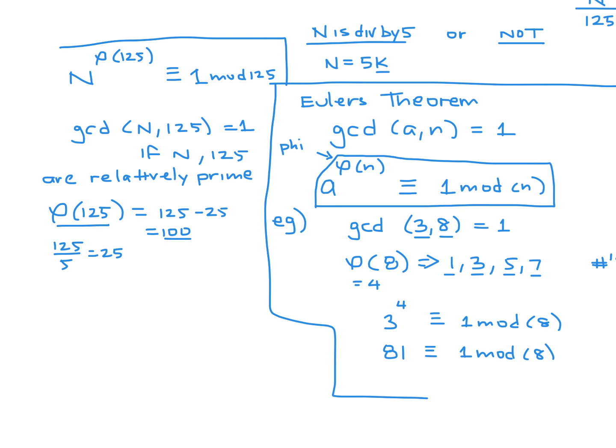So going back to Euler's formula, we would have n to the power of 100 equal to 1 mod 125.